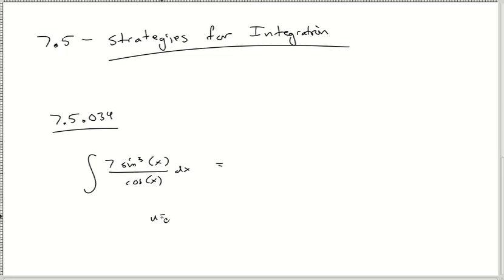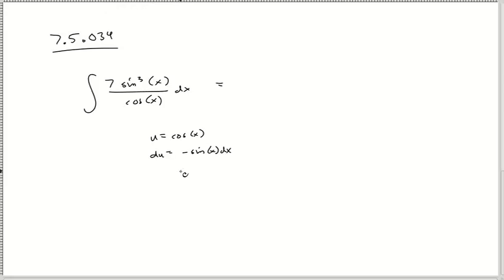If I wanted to do u equal to cosine x, my derivative would be negative sine x dx. We got some sines in the top, but I don't have it looking good. Let me go ahead and solve for dx. So I got du over negative sine x. That's one way to do it.